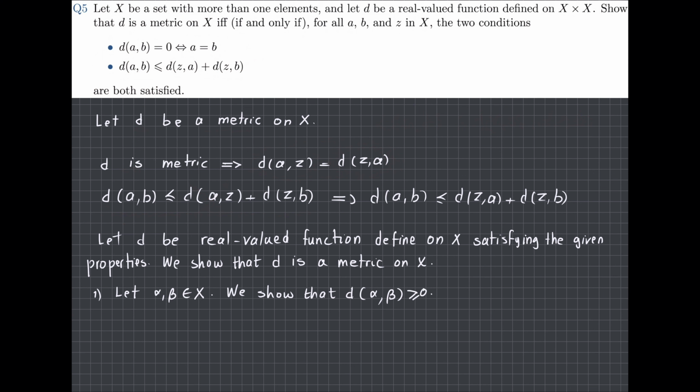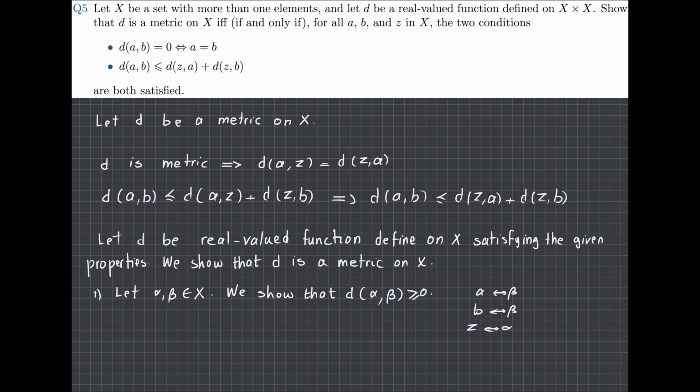Okay, but how can we do that? Because I am assuming that my D satisfies this inequality for all choices of A, B, and Z in X, I can use this inequality and use this particular substitution. So here I would say that let us interchange A with beta, and let me interchange B with beta as well, and I want to interchange Z with alpha.